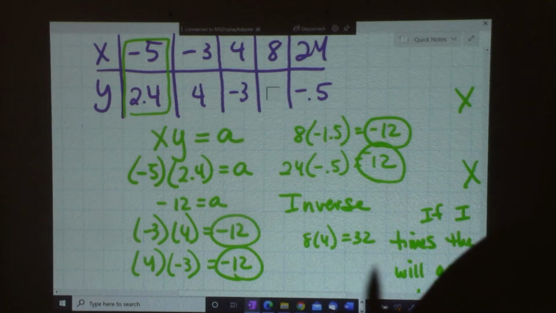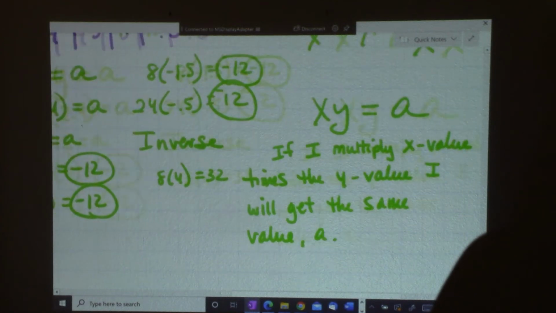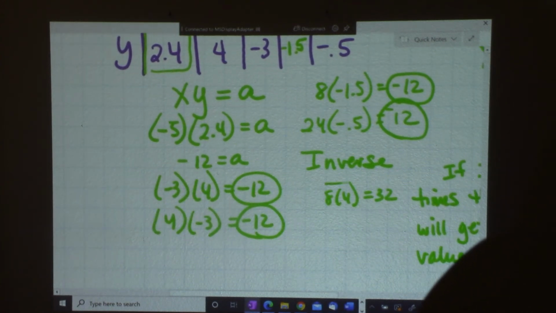But of course, that wasn't what I had. I had -1.5. So that's why it works. If I multiply the x value times the y value, I will get the same number. Okay? So this is an inverse function.